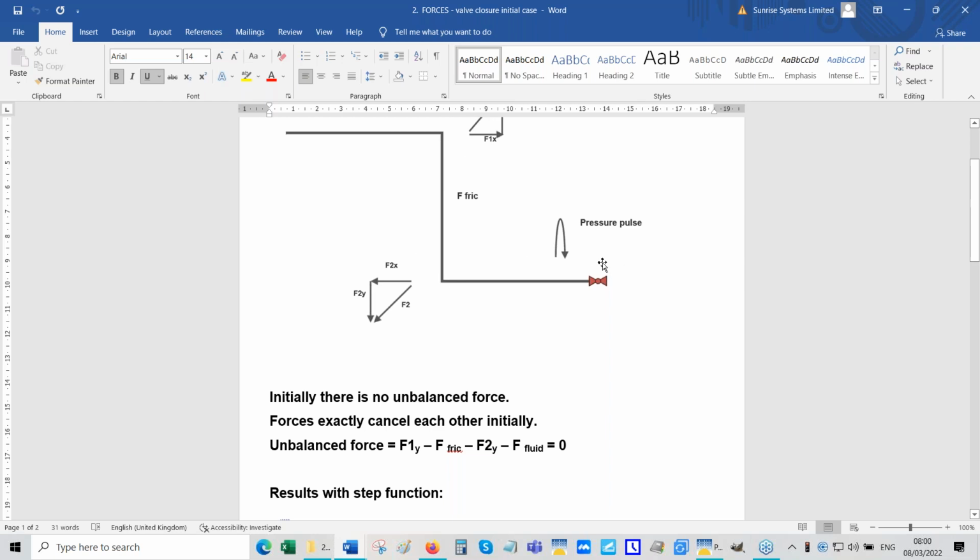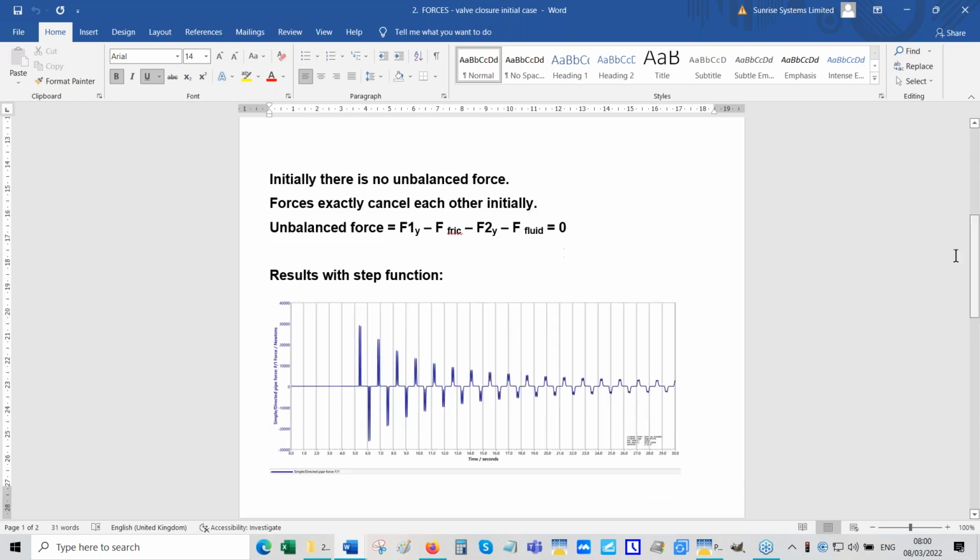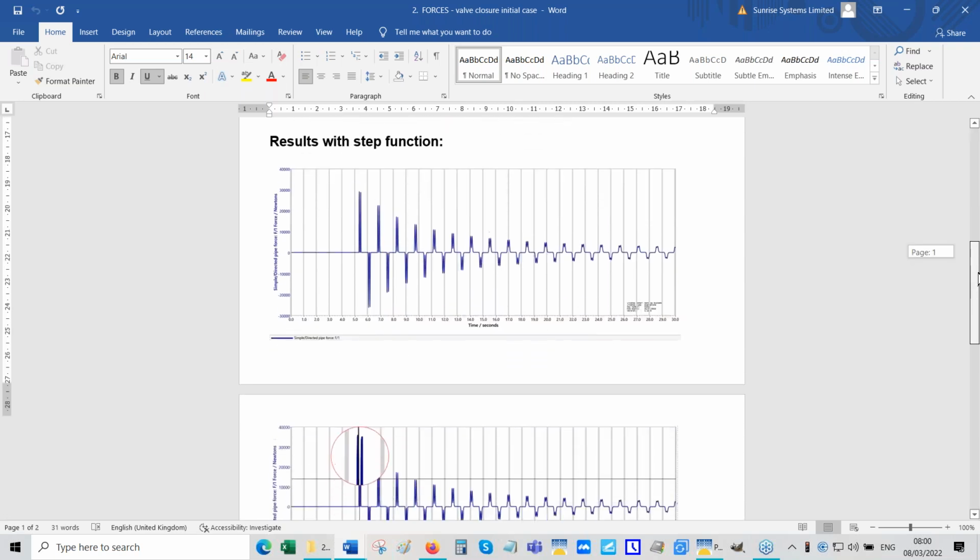And that's because I'm assuming it's a very, very narrow spike. So we are considering a step function for the valve closure, and that's a result, and we'll see that in just 1 second.